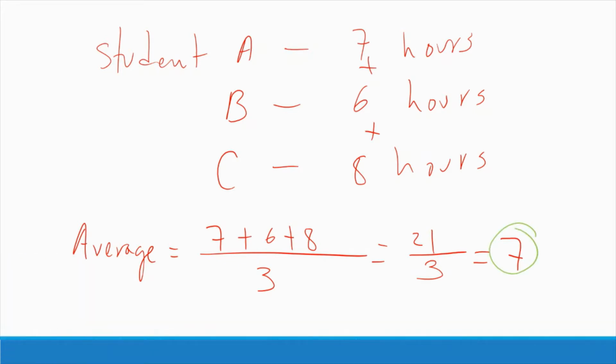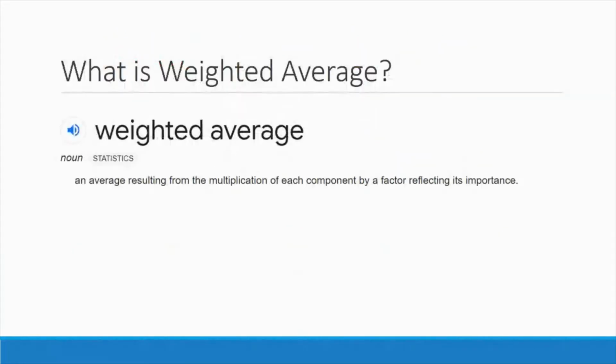All right, simple enough. Now, when you have a normal average, we are dividing the total number of hours by the total number of students. So in this case, all three students have the same importance. It is divided by 3. So let's see, how is that different to weighted average?